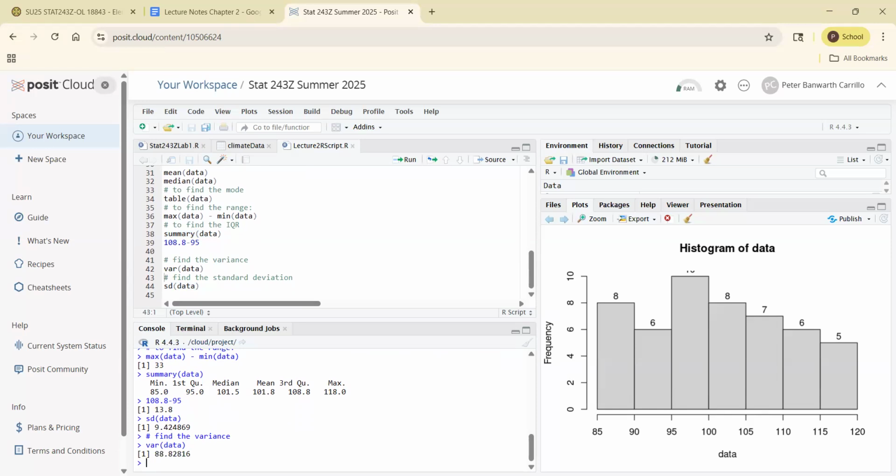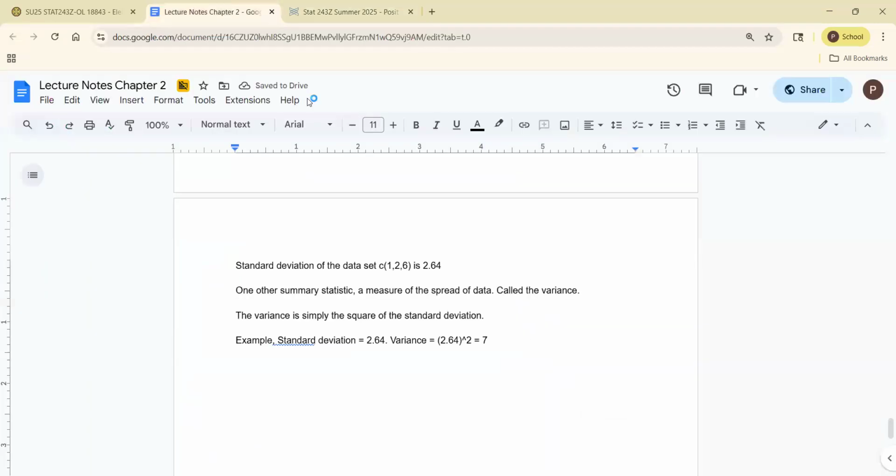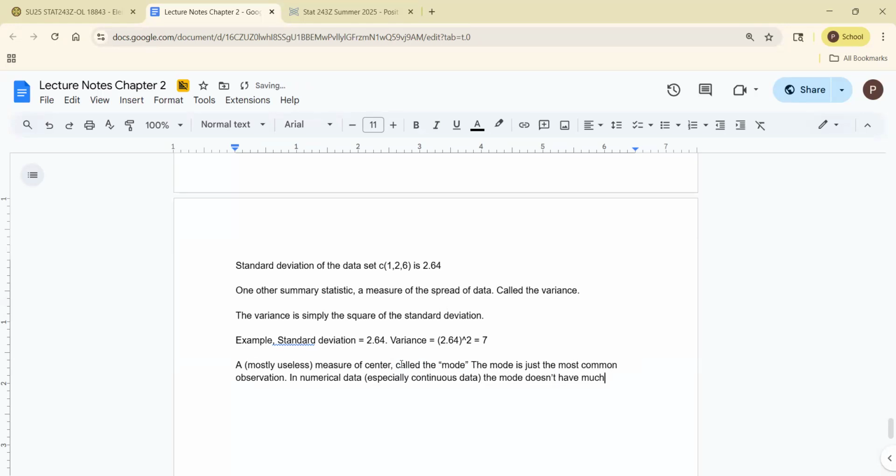Now I forgot there's one more statistic I have to tell you about, which is called the mode, which I consider to be a mostly useless measure of center. The mode is just the most common observation. In numerical data, especially continuous data, the mode doesn't have much meaning.